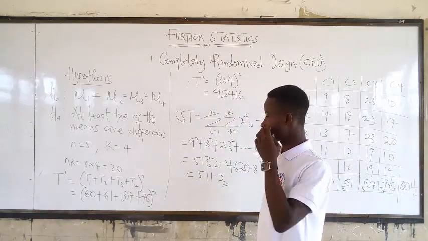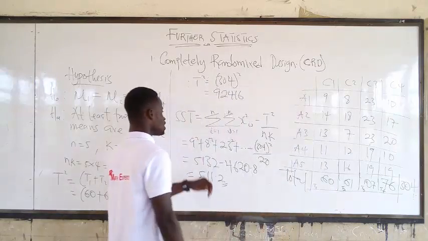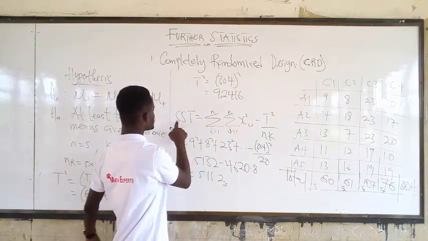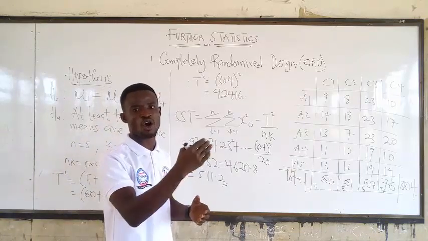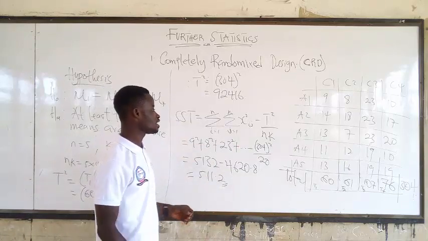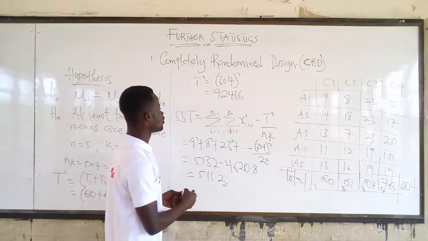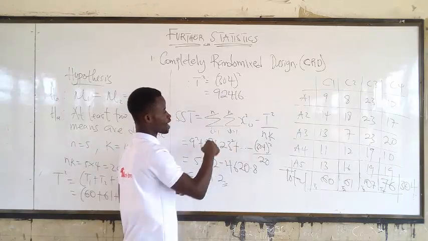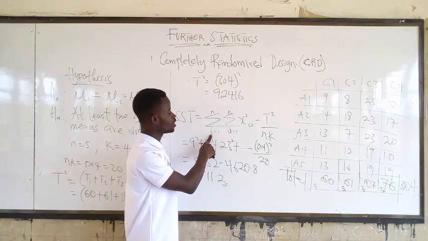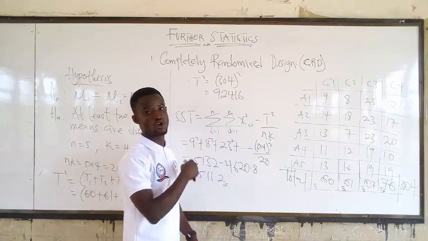Alright, so from there, then we go to sum of square total. This SST means sum of square total. This is the formula we use to find the sum of square total. The I you see here is the row.